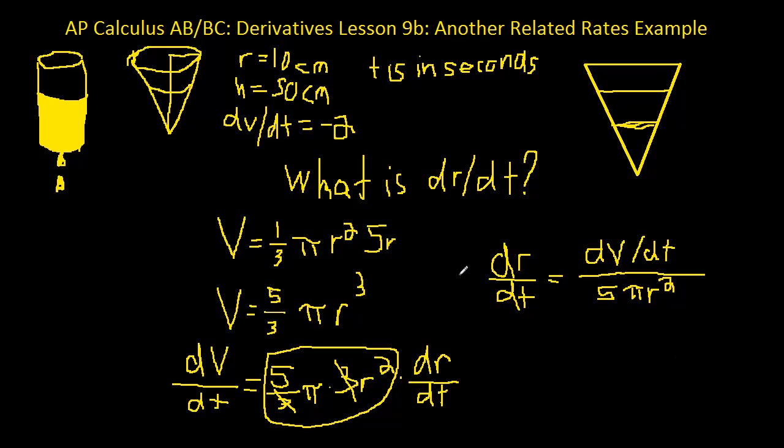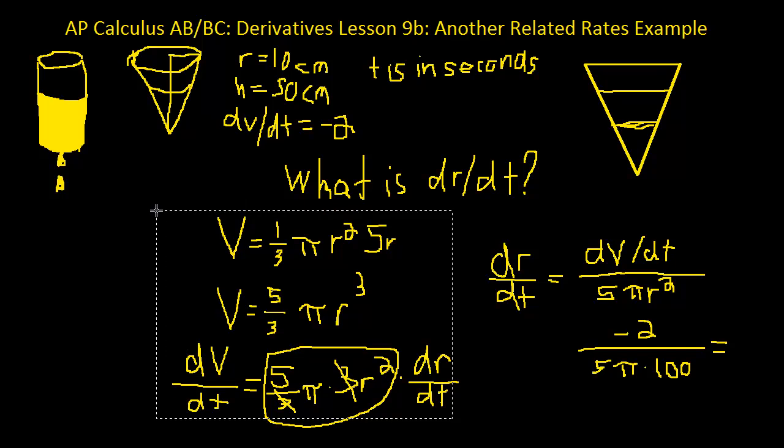Now, lastly, we just plug in the values we have, and it should just give us an answer. So dV/dt is -2, over 5 pi, times r squared, and r is 10, so I'll just go ahead and square that. That's 100. 10 squared is 100. So we have -2, and I gotta move this again.